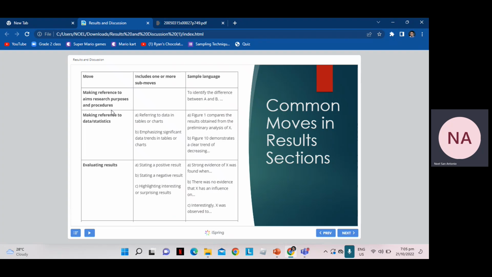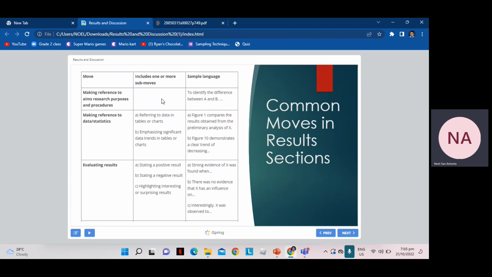For example, if the main purpose of your research is to investigate the effectiveness of this and that, it is usually written in your title. Or to determine the reliability of this or that. Again, it's written in your title. You will have to write that in the first part of your results and discussion.